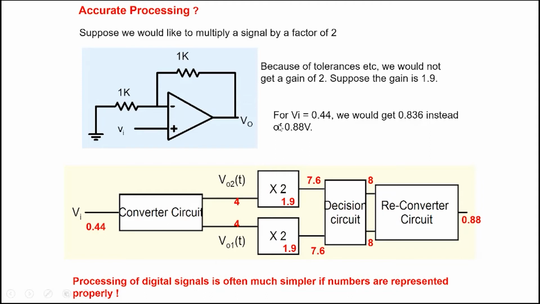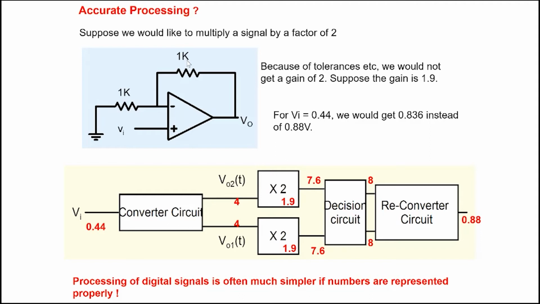So not only can you do accurate processing, the processing of digital signals is often much simpler. You have to build circuits like this to just multiply by 2, and to multiply or divide. For example, if you wanted to divide something by 2.5 or so, it becomes more complex.